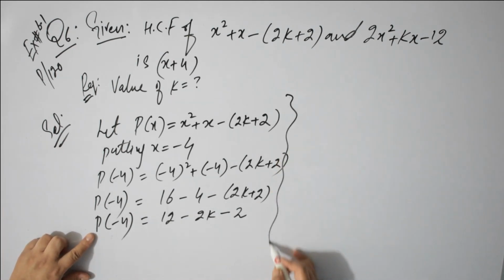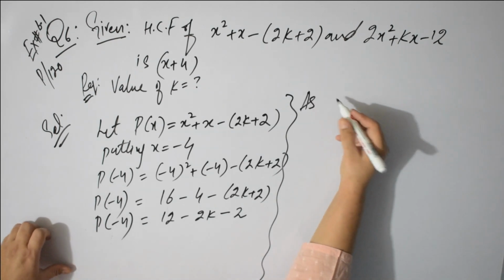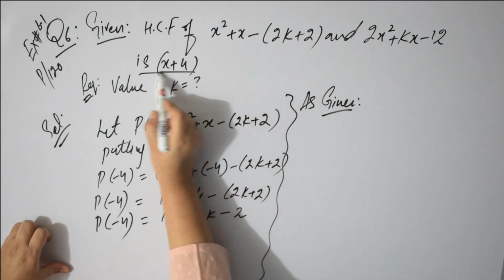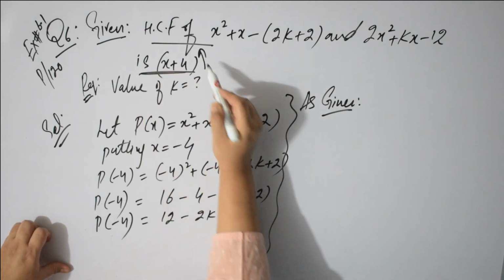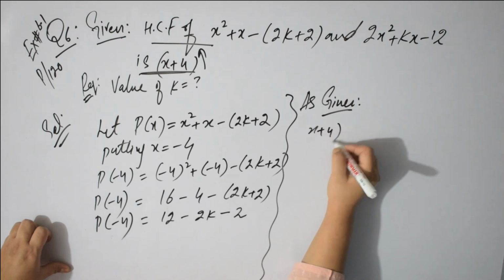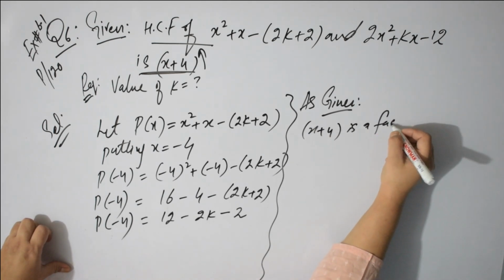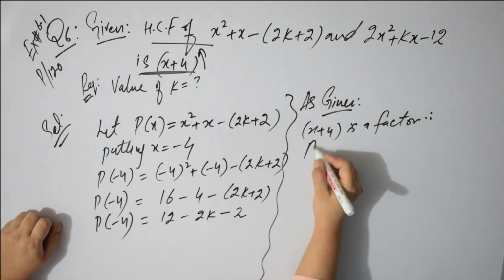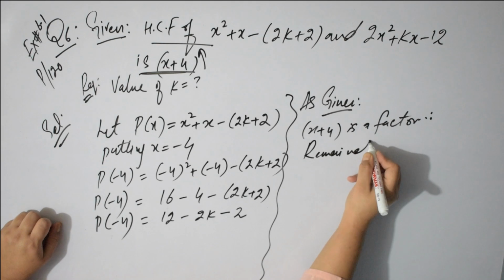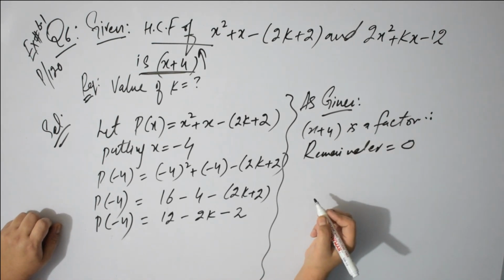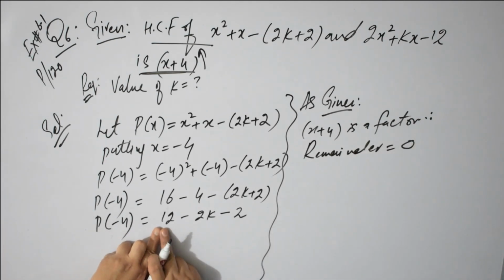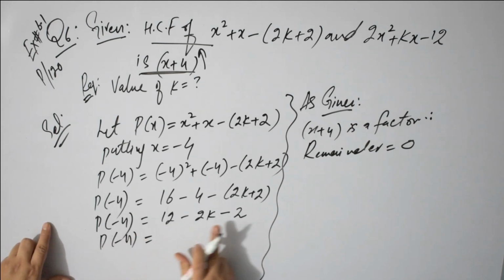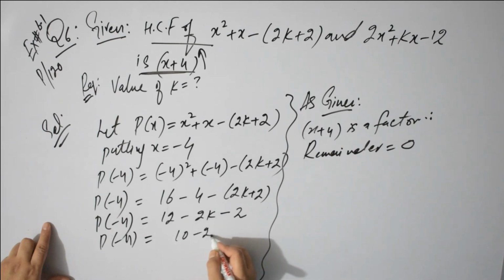Now, what is given? X plus 4 is given. This is HCF. As given, x plus 4 is a factor. Therefore, the remainder is equal to 0. So, what is the remainder? Oops, I haven't solved it. Let me solve it. 12 minus 2, it's 10 minus 2k.